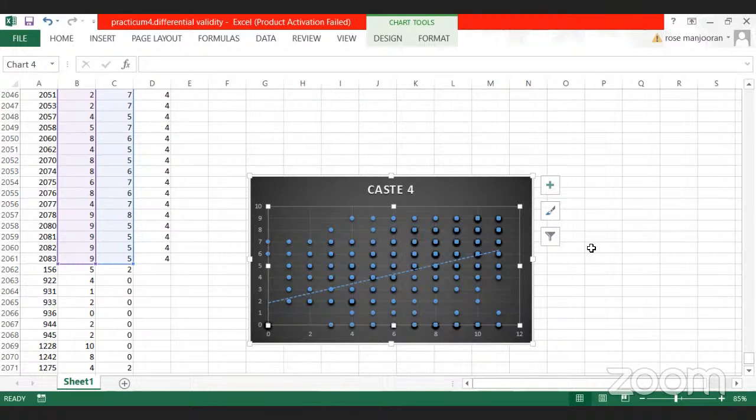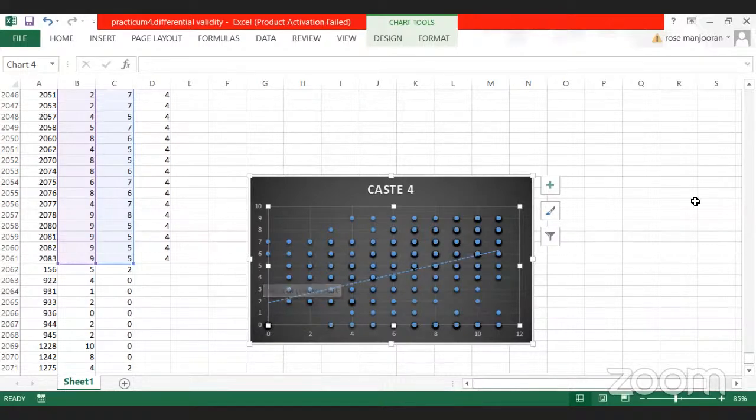So if you take this data straight, then it will go to the 4. If you take the perpendicular line, you can take one line directly from 5 to the best fit line, and then it will go to the 4. That is in case of the cast 4.